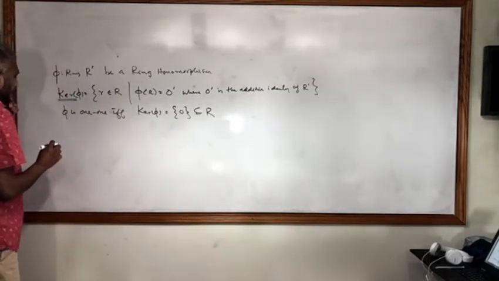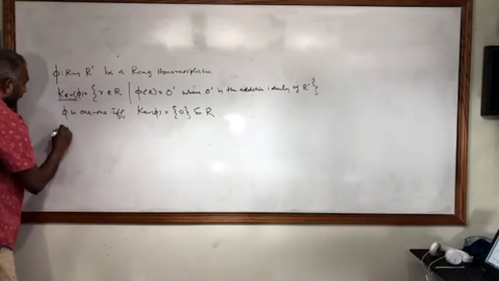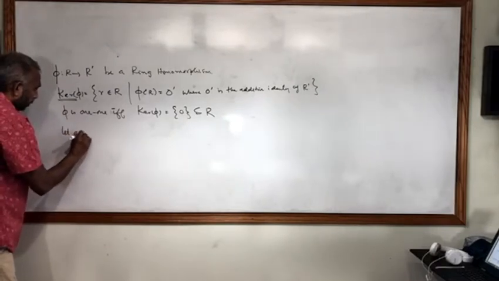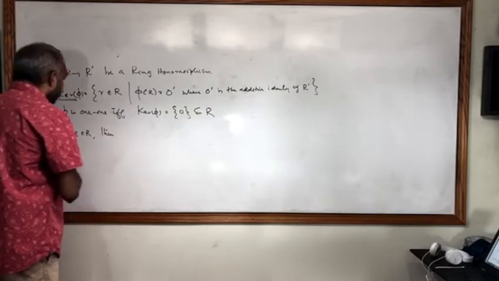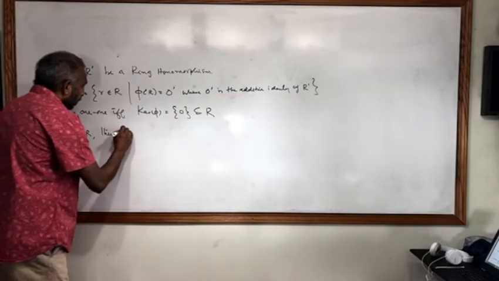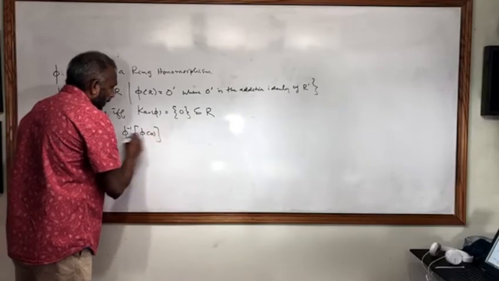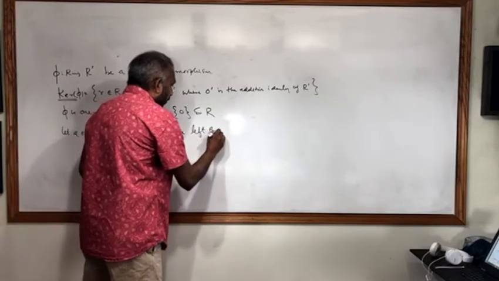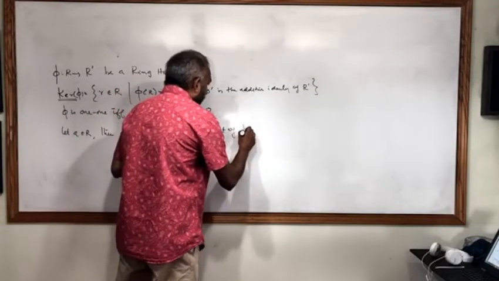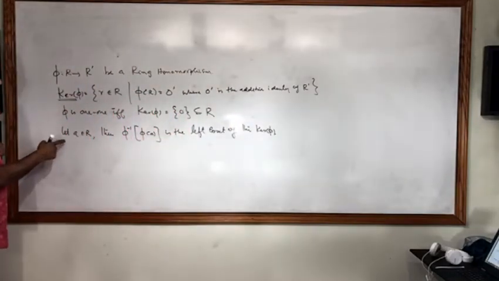And if you take an element from R, let us say a belongs to R, then phi inverse of phi of a is the left coset of the kernel. This is also a property coming from group theory.